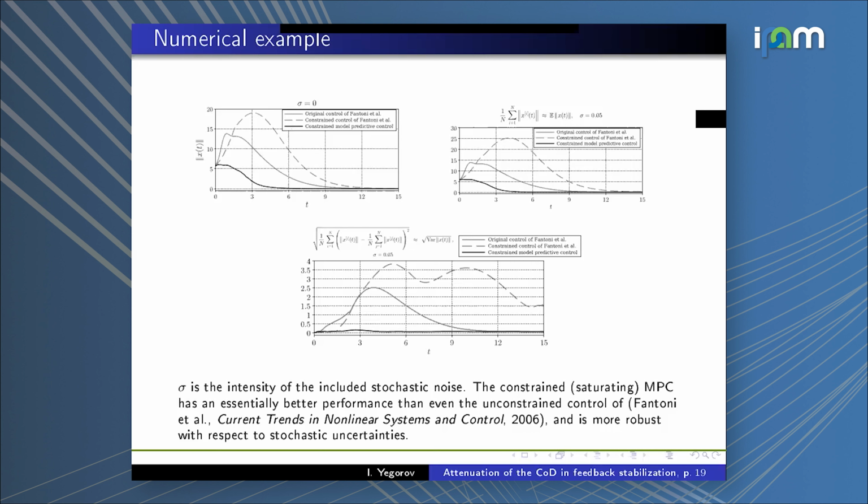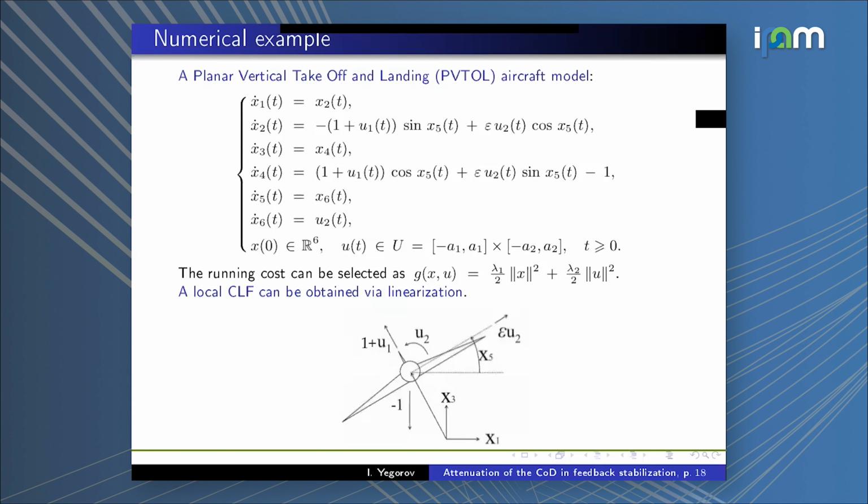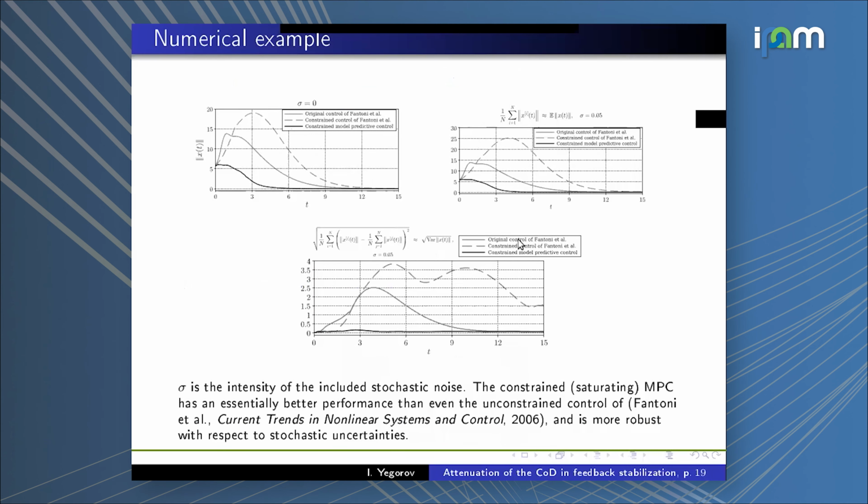And also, we know that for such classical under-actuated mechanical systems, there are some analytical feedback control laws. One of them was designed by Fantoni. It was also tested on a real aircraft prototype, so it's analytical.